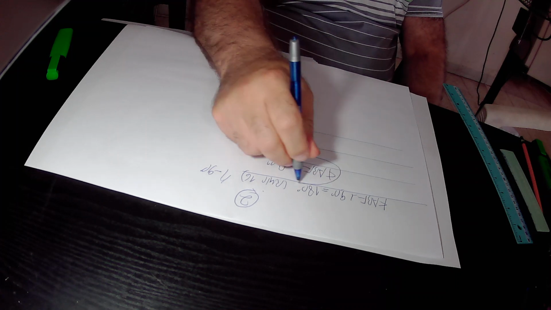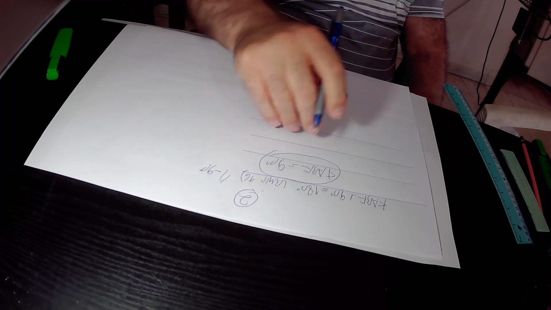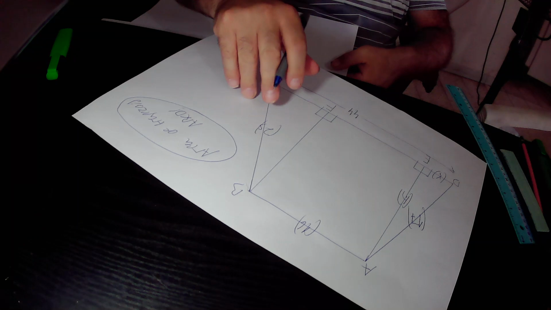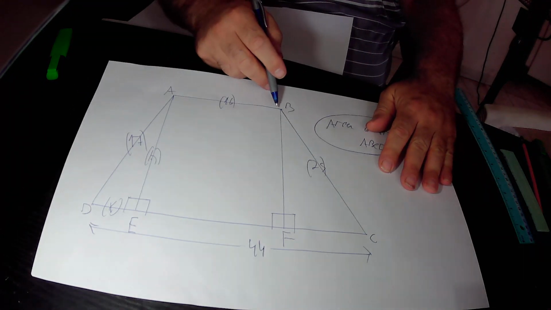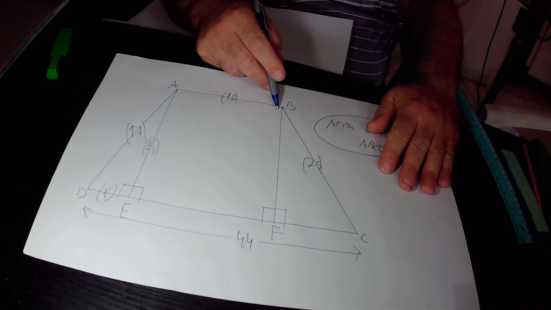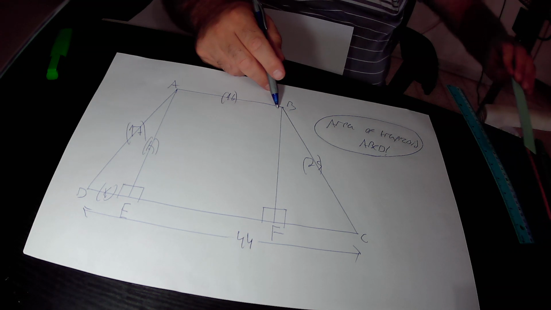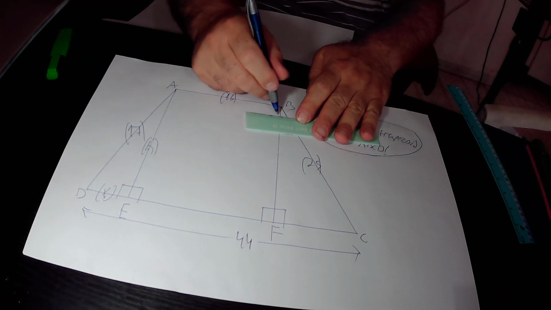So we found that the size of the missing angle ABF is equal to 90 degrees. It is actually a right angle.